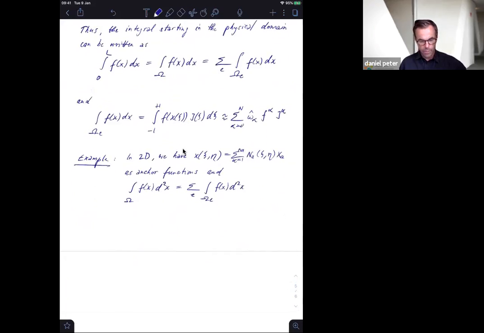Think of, for example, a square or a rectangle, now with these element points in 2 dimensions.